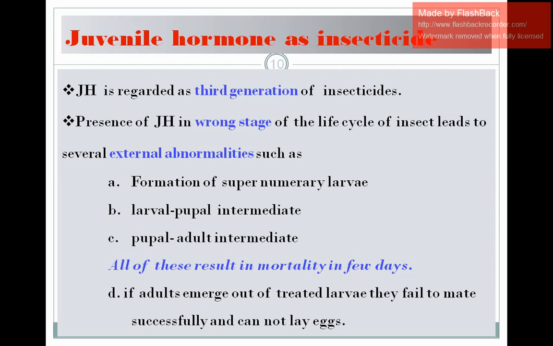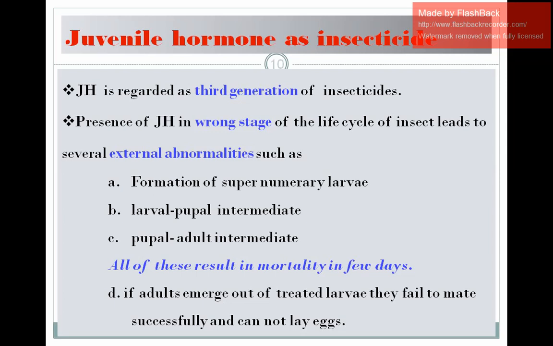So, presence of juvenile hormone in a wrong stage of the life cycle of an insect leads to several external abnormalities. It includes formation of supernumerary larvae, larval-pupal intermediates, pupal-adult intermediates. This kind of formation always leads to mortality within very few days.